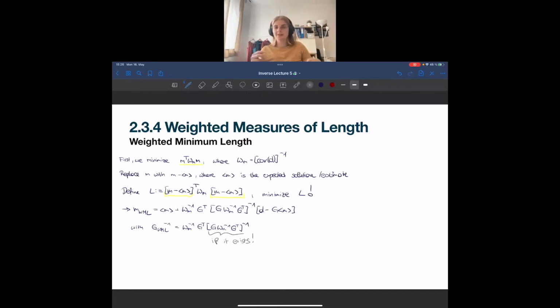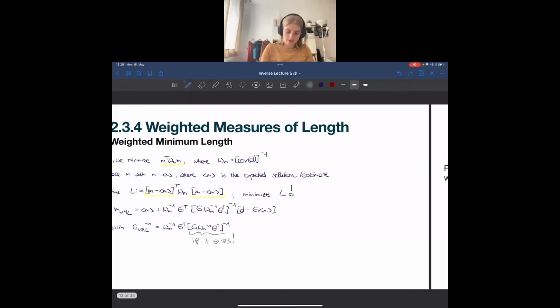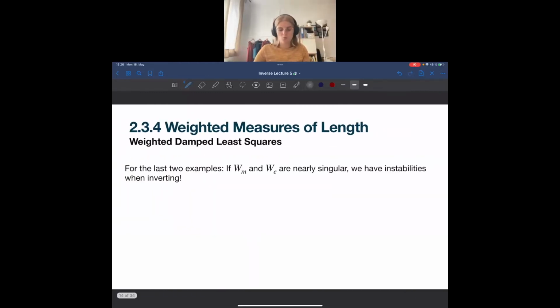So we included now a weighting matrix, a weighting factor, to the least squares and to the minimum length, but we did not combine those two so far. And this is what we're gonna do next when we discuss the weighted damped least squares solution.